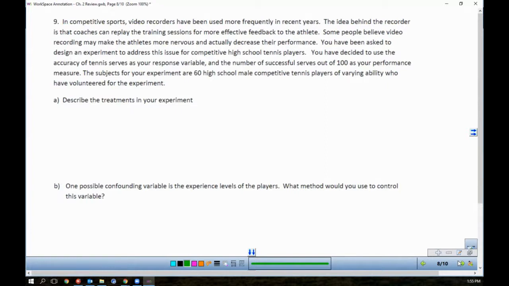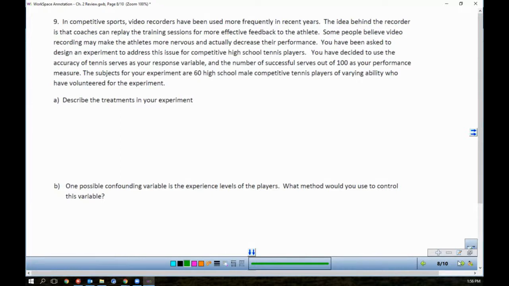The idea behind the recorder is that coaches can replay the training sessions for more effective feedback to the athlete. Some people believe video recording may make the athletes more nervous and actually decrease their performance.